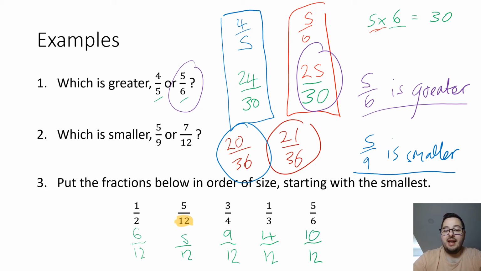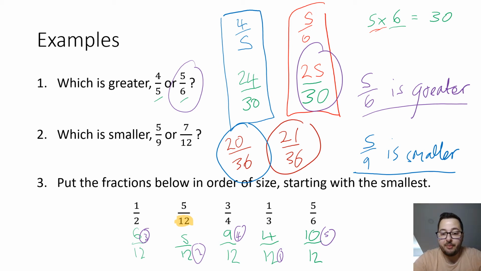Okay, so now, once we've converted them all, so they've all got the same denominator, we can put them in order. And it's clear that, if we start with the smallest, that's the first one, second, third, fourth, and fifth. And like I said before, you want to write your answer in the original form that they gave you.